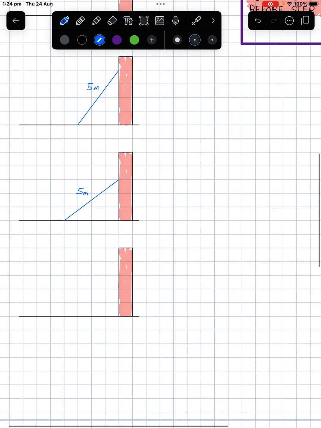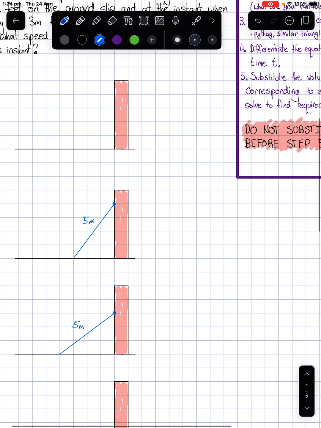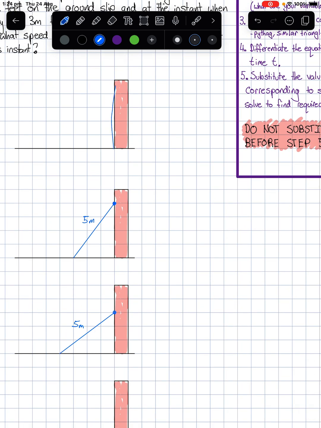You'll notice here that this is 4 up the wall, this is 3 up the wall. And then our final scenario is straight along the bottom here. The ladder is 5 metres along the bottom and it's lying flat. Or at the top here, it would be conveniently straight up.